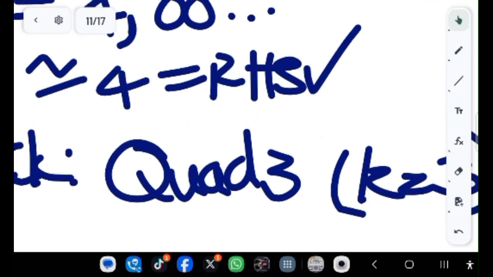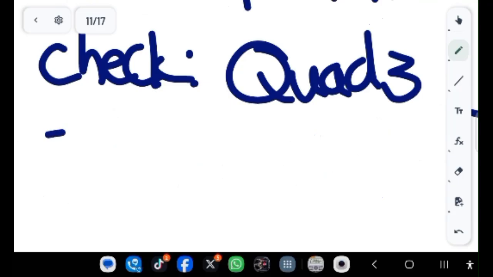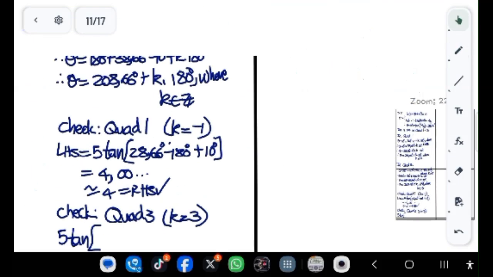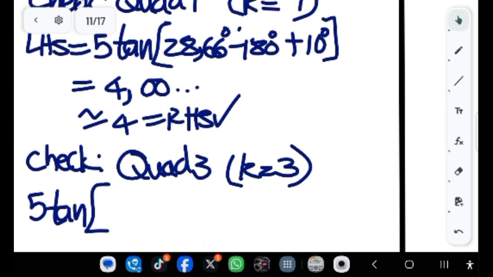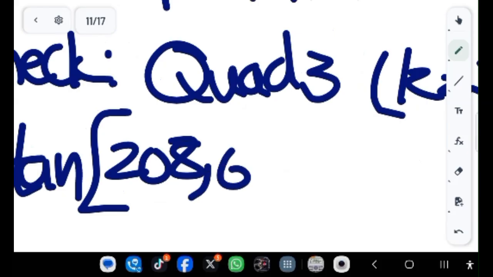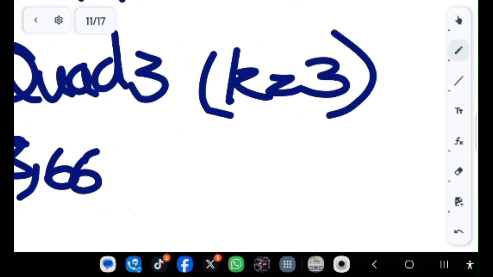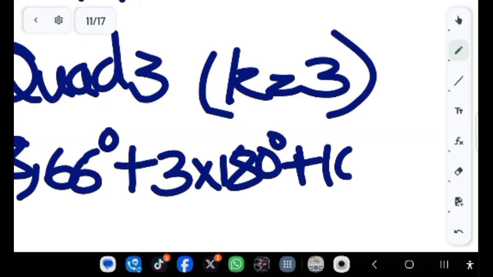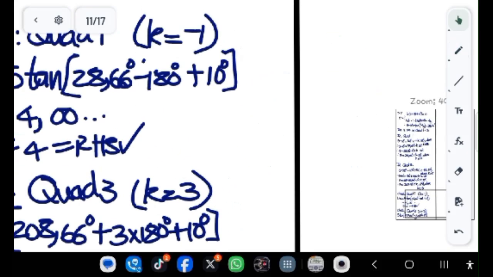So that will be 5 tan, and then we substitute the quadrant 3 solution, 208.66, plus 3 times 180, plus 10 degrees. Let's see what it gives us.